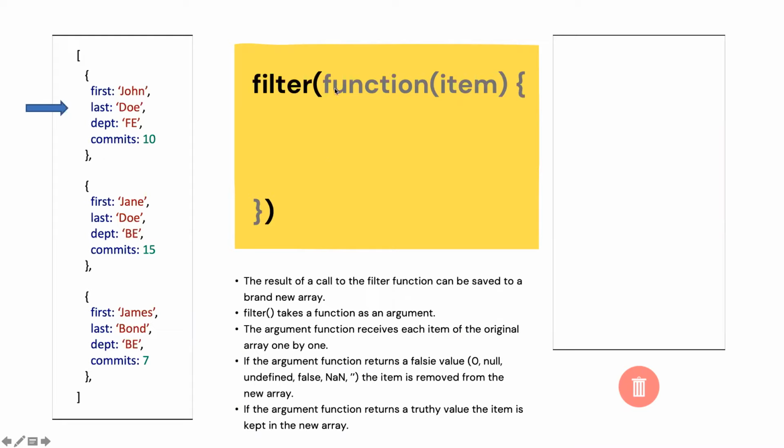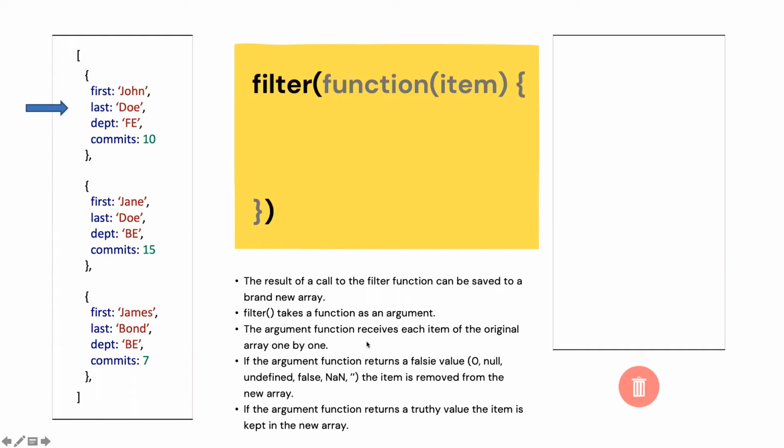In the map function, if this argument function returned a name, suppose John, it became the new item of our new array. In the filter function, if it receives any truthy value, we get this item in the new array. If it returns a falsy value, this item is just skipped and filtered out from the array.